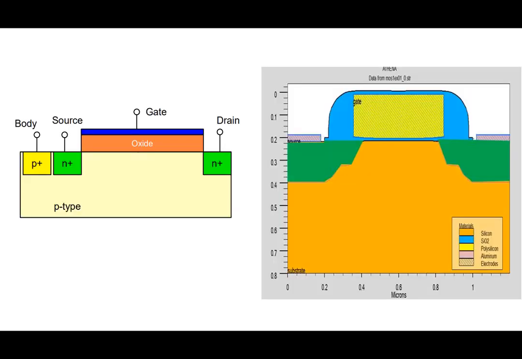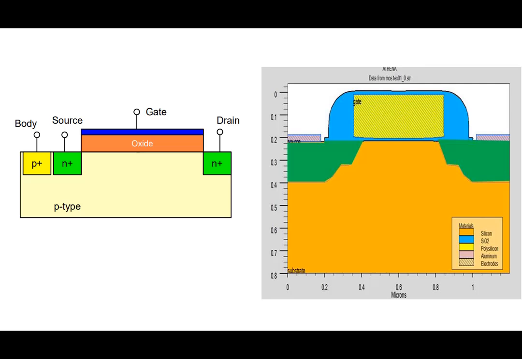The transistor structure that we normally draw quickly on the board is here. We put source, drain, oxide, gate and all that. And many times we show the body contact at the bottom, but body contacts are typically at the top itself.